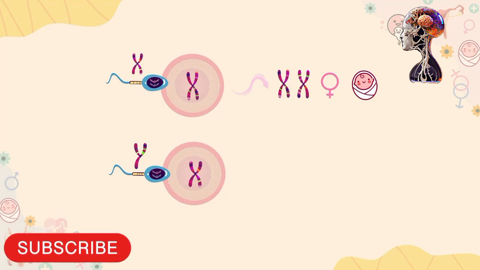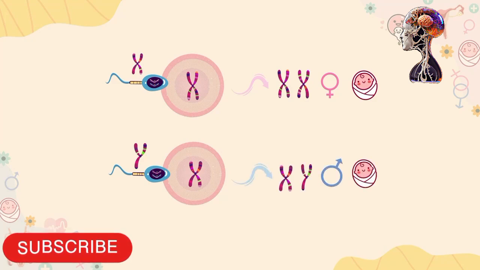When a Y-bearing sperm fertilizes an egg, a male is conceived, as the male has XY chromosomes. Hence, the sex of the child depends upon the male partner, since the two chromosomes are different in a male.